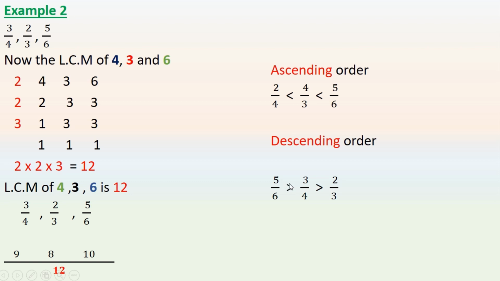So here, the greater than symbol goes for the 5 over 6. So 5 over 6 is greater than 3 over 4. Then also 3 over 4 is greater than 2 over 3. So you can see the greater than symbol. This is a less than symbol.